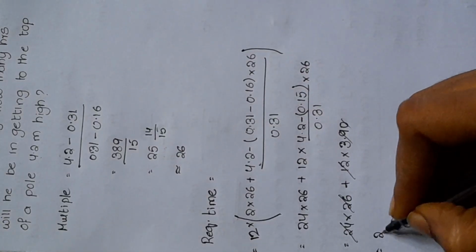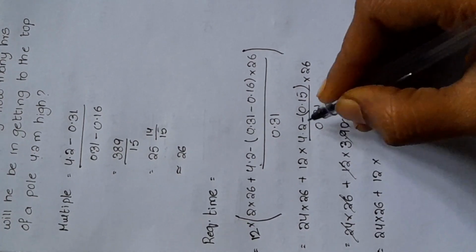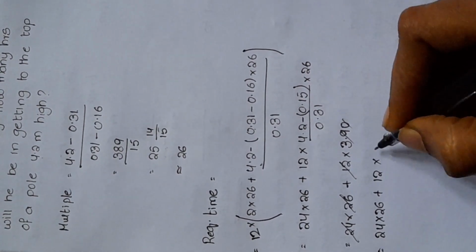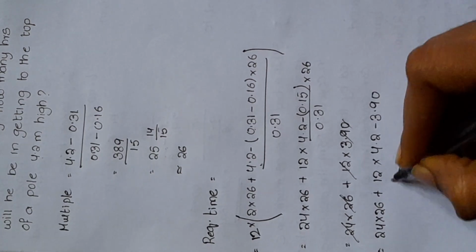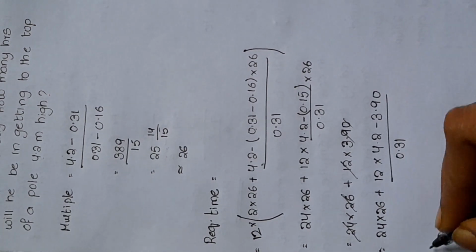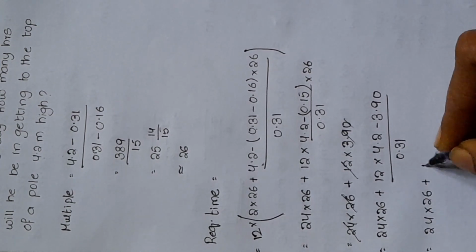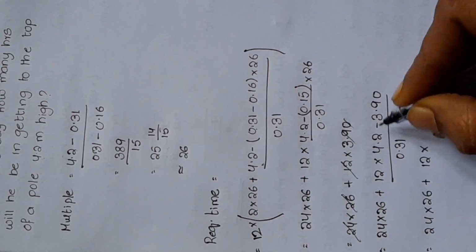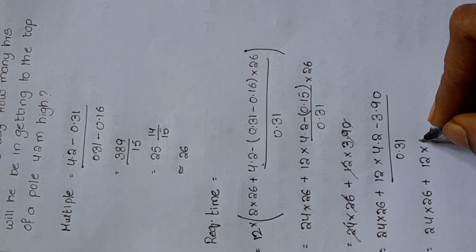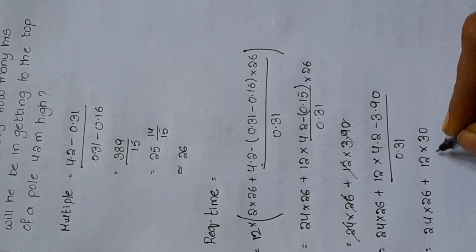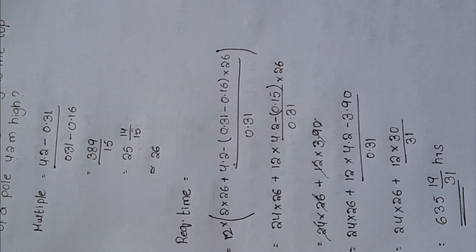From this step, 24 into 26 plus 12 into 0.15 into 26, we get this as 4.2 minus 3.90 by 0.31. 24 into 26 plus 12 into 4.2 minus 3.90, we get this as 0.3. So removing the decimal values, we get 30 by 31. Write this as 635, 19 by 31 hours.